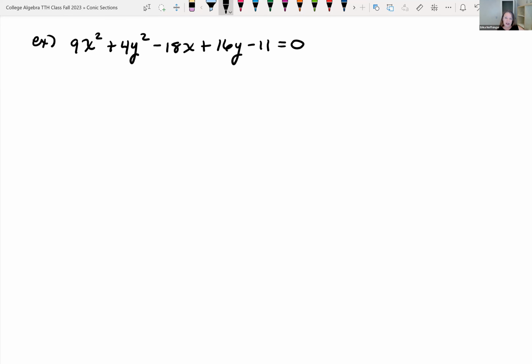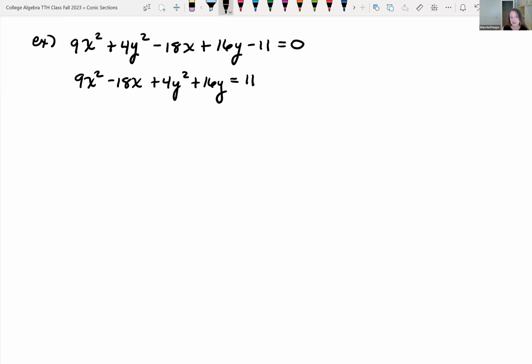And so let's group our x terms together, and let's group our y terms together, and let's get the constant on the other side. So rewriting this, we have 9x squared minus 18x plus 4y squared plus 16y, and adding 11 to both sides of our equation, this is equal to 11.